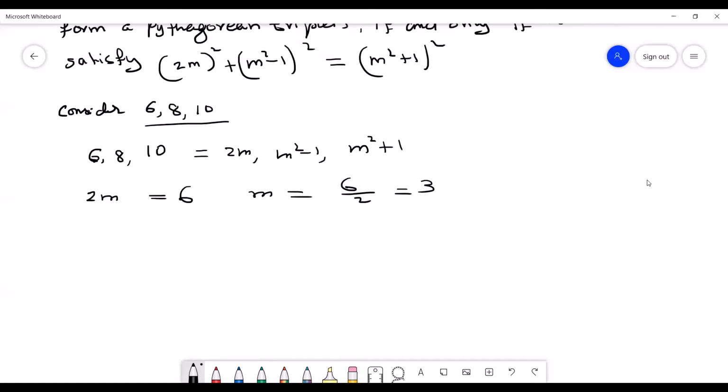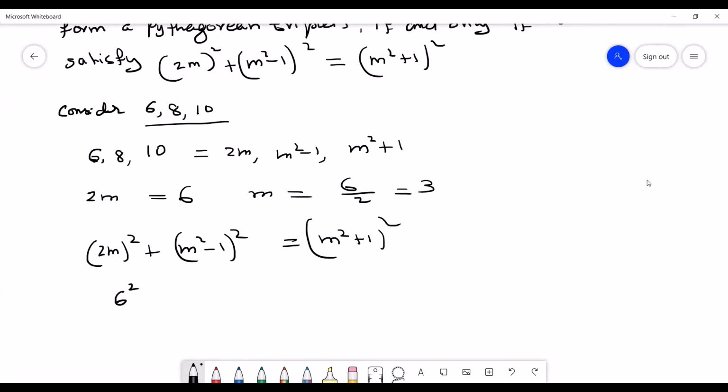We have to prove that in order to say these three numbers are a Pythagorean triplet, 2m whole square plus m square minus 1 whole square is equal to m square plus 1 the whole square. So let us see, 2m is 6.